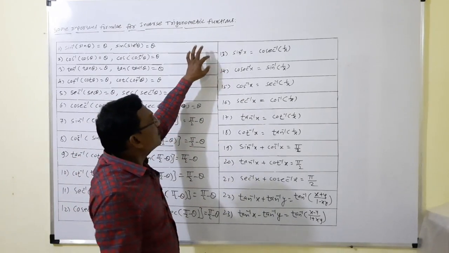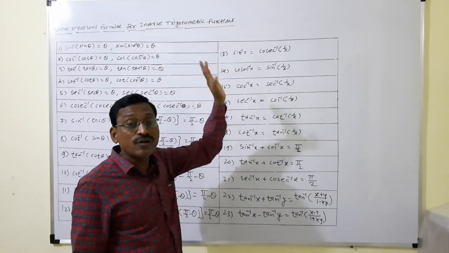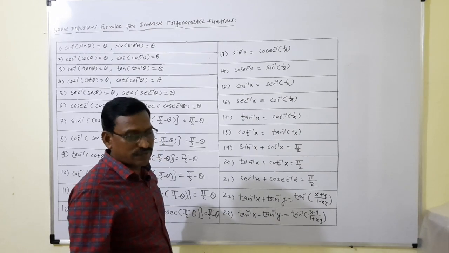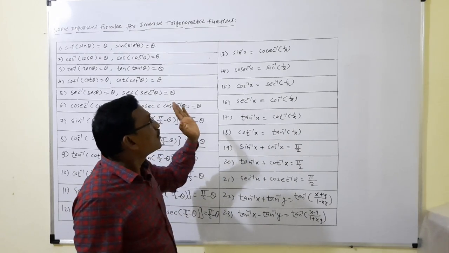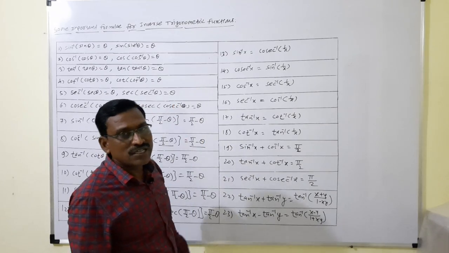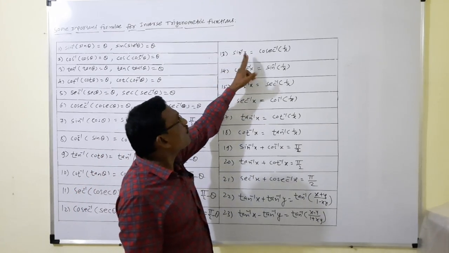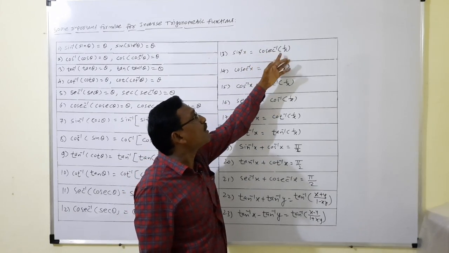Now in the next formula, formula number 13, sine inverse of x. So we have to convert sine into cosec. It's reciprocal. In our trigonometric functions, the reciprocal of sine is cosec. Same way, in inverse, sine inverse of x, its reciprocal is cosec inverse of 1 by x.